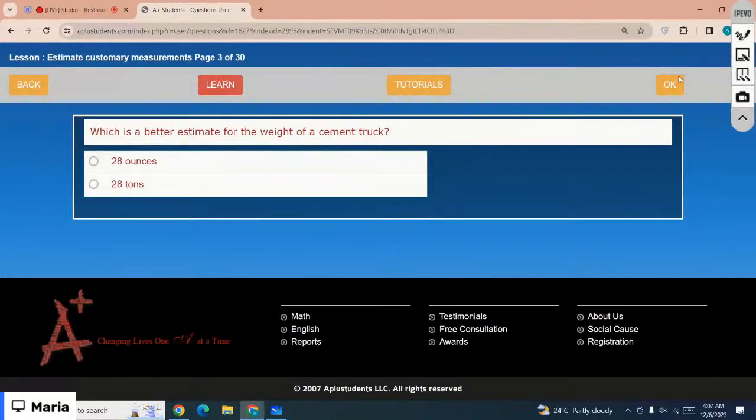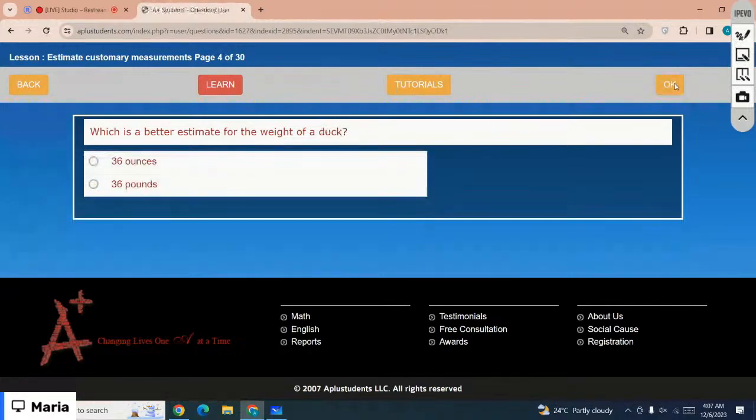You have 28 ounces and 28 tons, right? The cement truck, so truck is a big thing, right? So that means yes, that is 28 tons. Ounces are too little for the truck. That would be right.